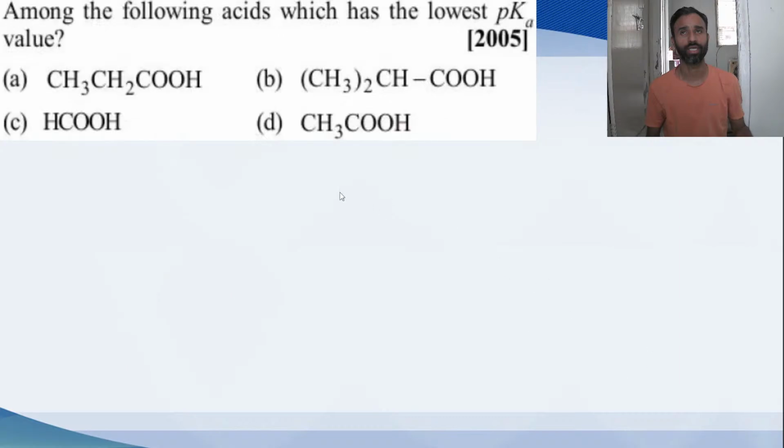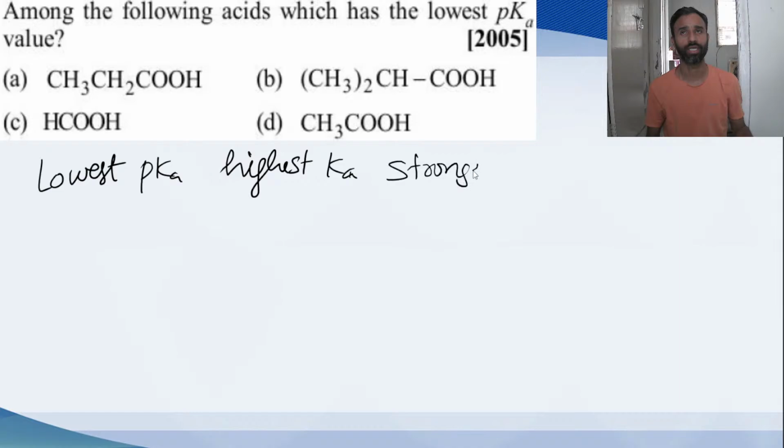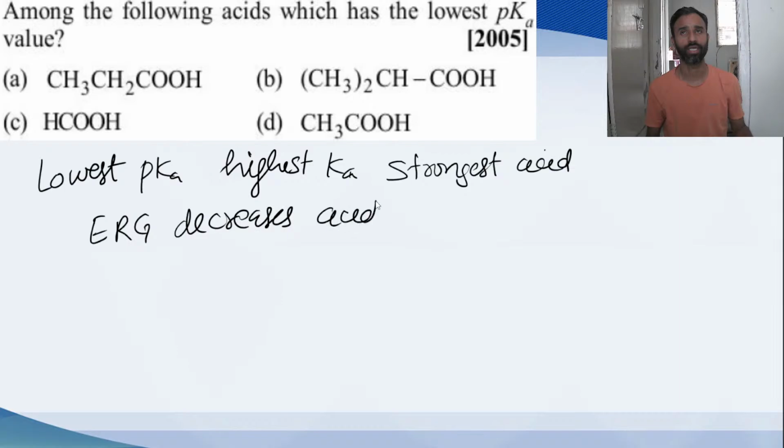Among the following acids, which has the lowest pKa? Lowest pKa means highest Ka, means strongest acid. So out of these, it is strongest, because electron releasing groups decrease acidic strength.